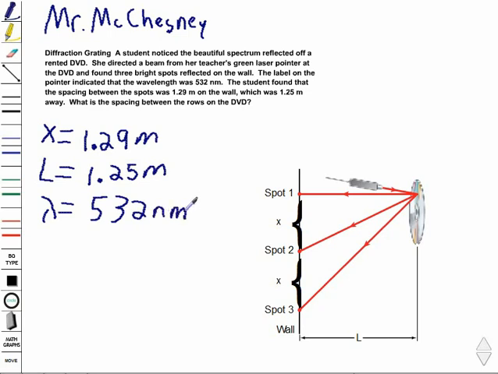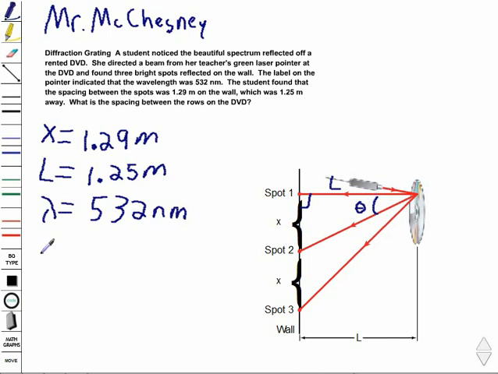So what are we looking for? We're looking for the angle between the bright spots. So we know that we've got a right triangle set up here that has side L and side X, and we're looking for this angle.